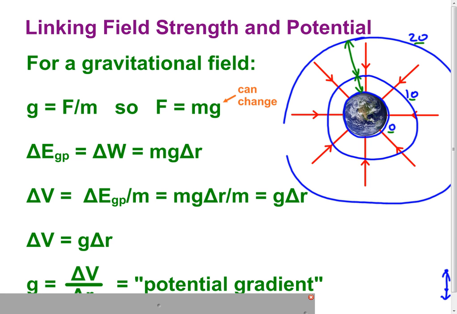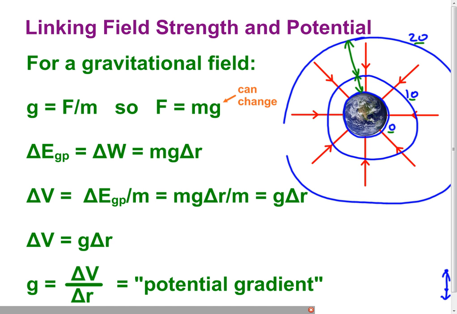Now we can also rearrange this to make g the subject. g is then delta V over delta R, which is sometimes called the potential gradient. So the field strength at a point is the potential gradient: how much the potential changes with distance.